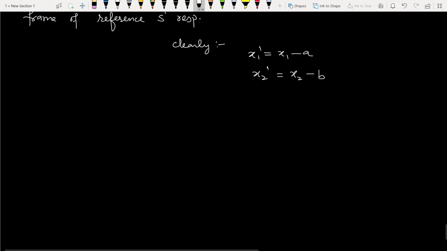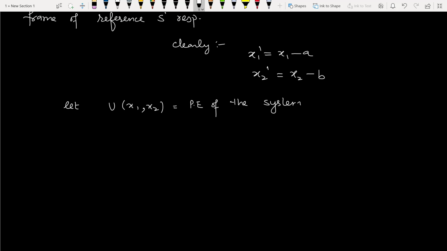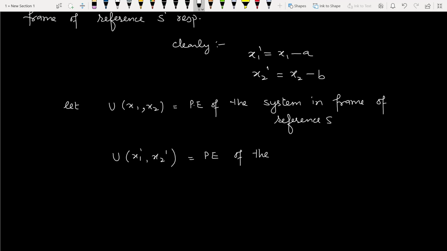So suppose U(x1, x2) is the potential energy of the system in frame of reference S, and U(x1 dash, x2 dash) is the potential energy of the system in frame of reference S dash.